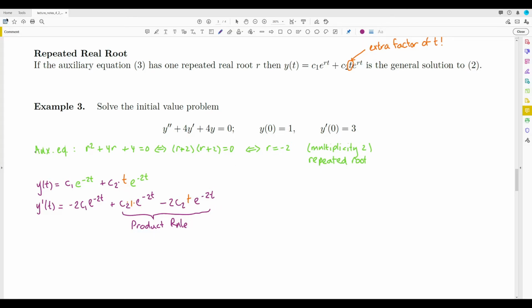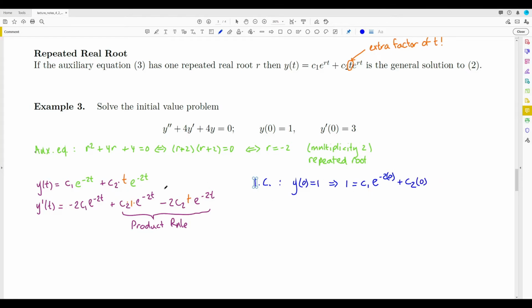And now we can take a look at the initial conditions. So the first initial condition, we have y of 0 equals 1. And so that leads to 1 equals, plug in 0 here. So we have c1 e to the power negative 2 times 0 plus c2 times 0, right?